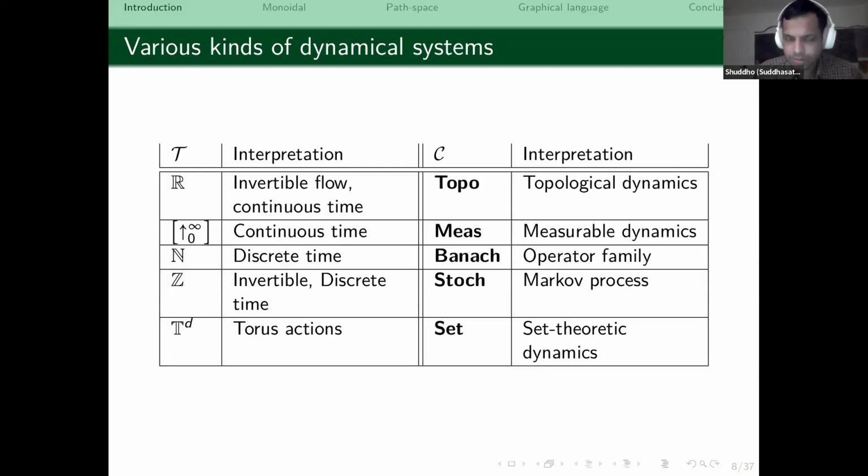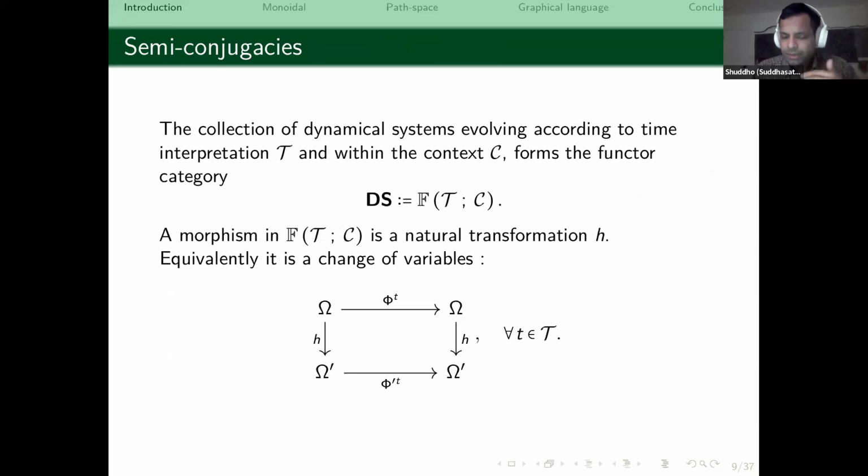We'll see some examples. So, as I mentioned before, any dynamical system is a functor from a time category T into a context category C. It turns out the collection of all such functors is itself a category.